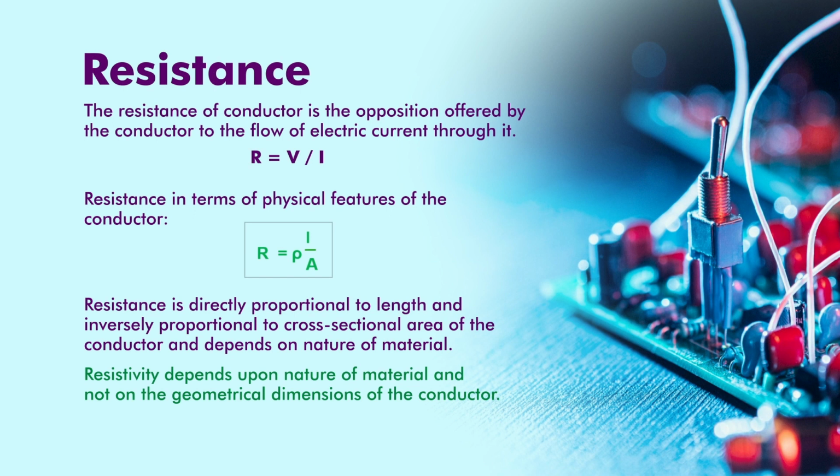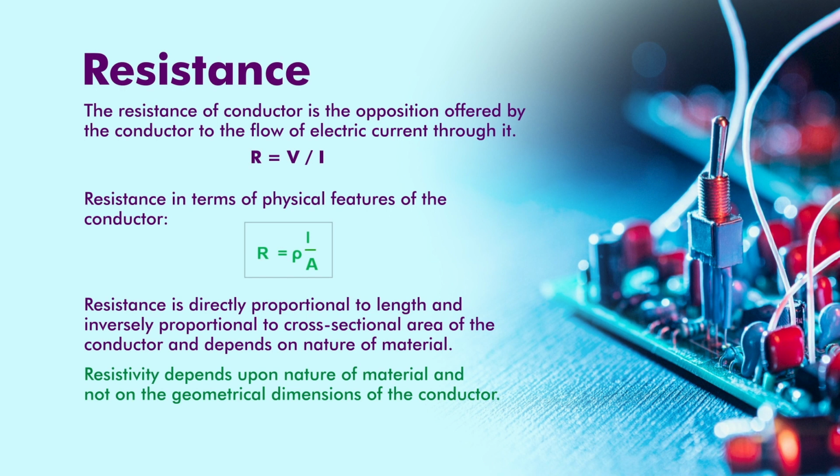Here resistance R equals rho L by A, where R is the resistance of the conductor, rho is the resistivity of the material, and the unit is ohm meter. The length of the conductor is given in meters and the cross section area A is given in meter square.